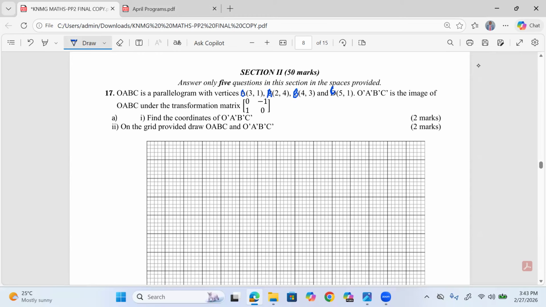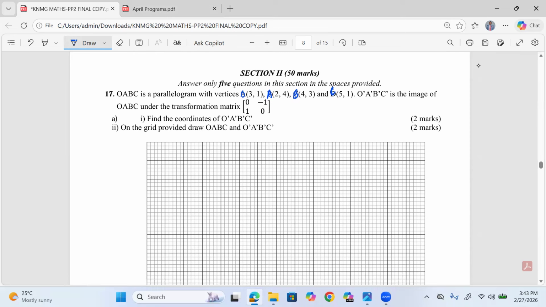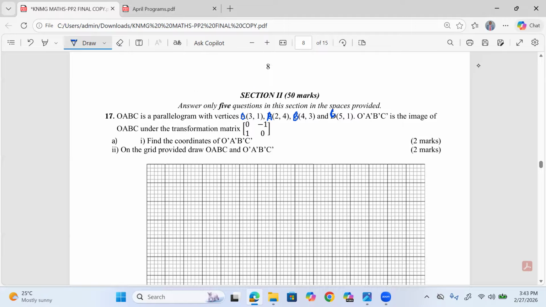Then we are told that O prime, A prime, B prime, C prime is the image of OABC under the matrix of transformation 0, -1, 1, 0. Part A, find the coordinates of O prime, A prime, B prime, C prime.